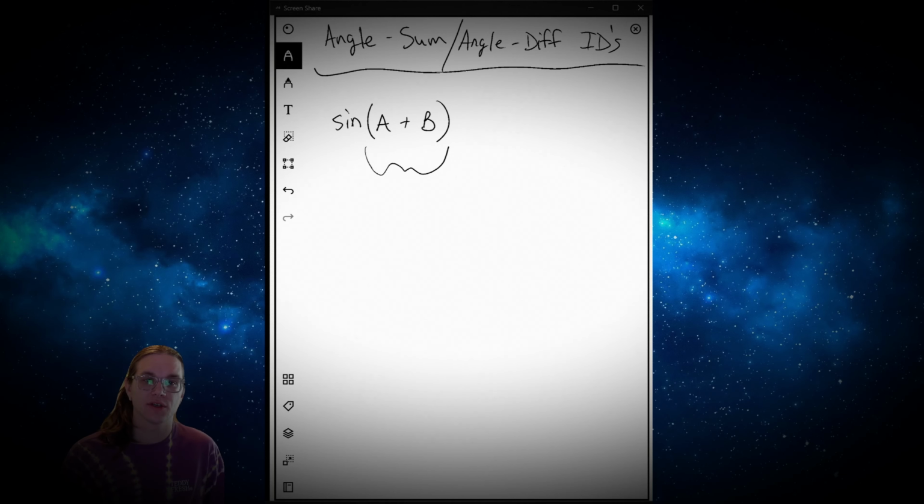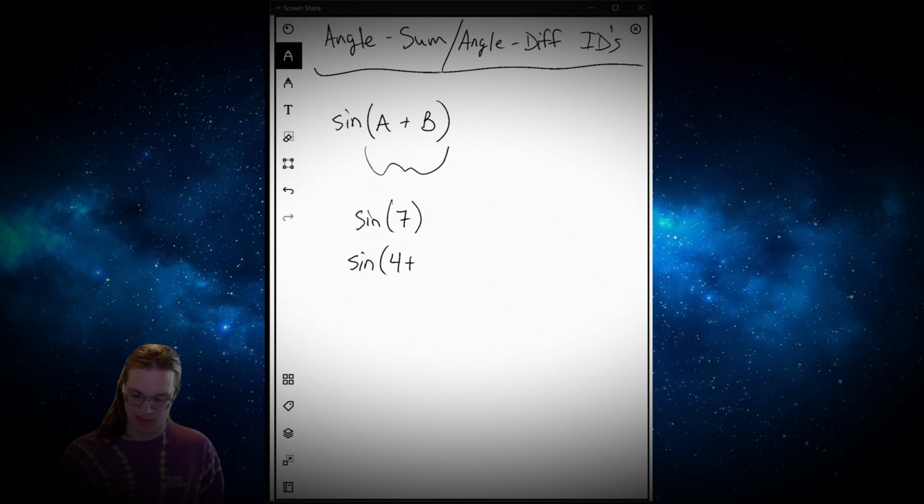Or, another circumstance may even be if you had sine of some simple thing, well, there may be an occasion where you want to split it into sine of 4 plus 3 for some reason.